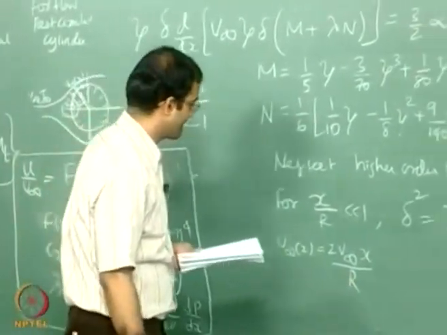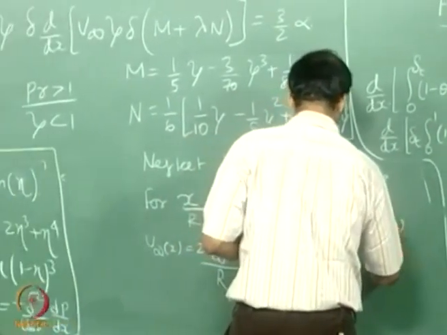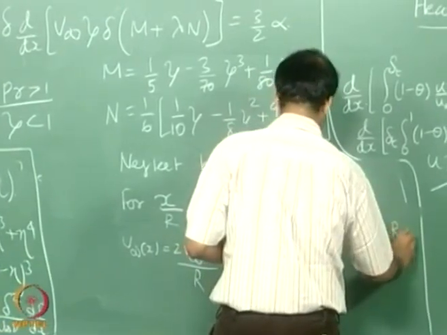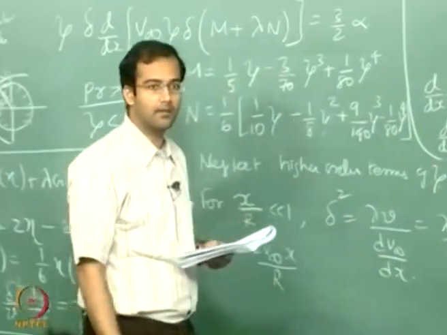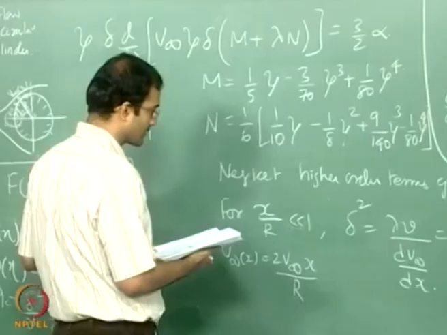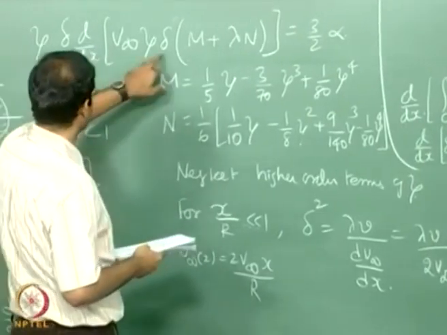So this will be lambda nu by 2 v infinity by r.